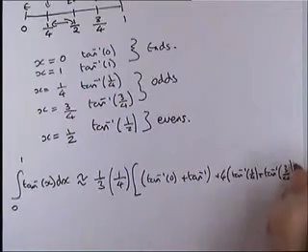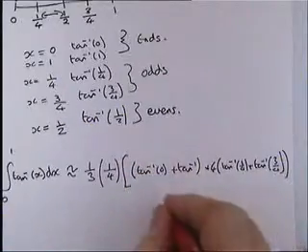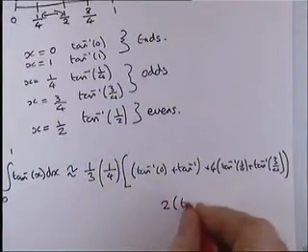I'm running out of space, so I'm going to write it underneath, but it's within the same square bracket, and it's going to be 2 lots of the evens.